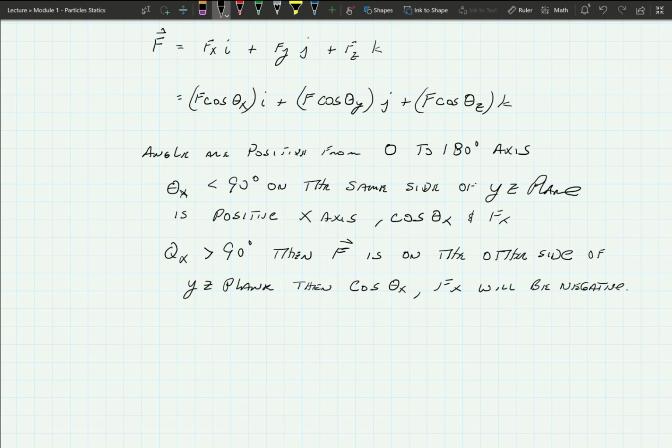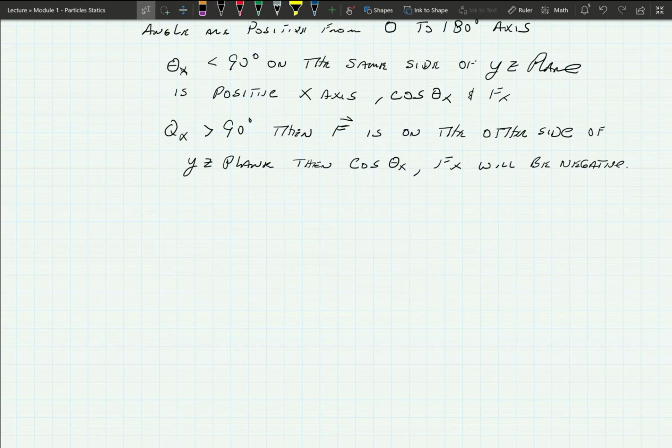Now, the vector F is equal to F cosine theta x in the i plus cosine theta y in the j plus cosine theta z in the k. That's not a z, that's theta z.